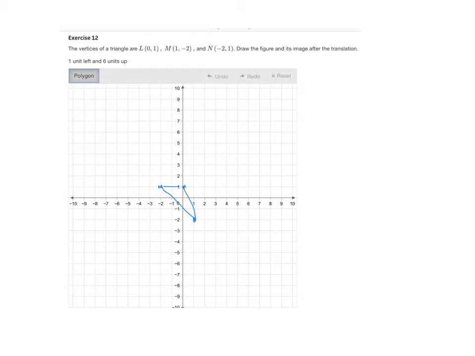And now they're asking us to go 1 unit to the left and 6 units up. So if we take this spot and we go 1 to the left and up 6. 1, 2, 3, 4, 5, 6.